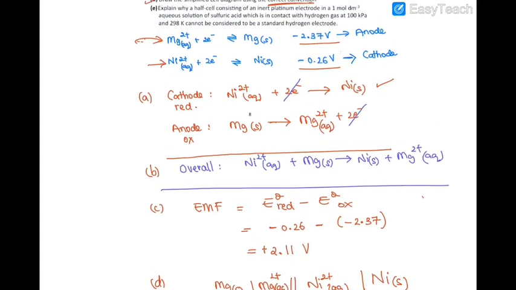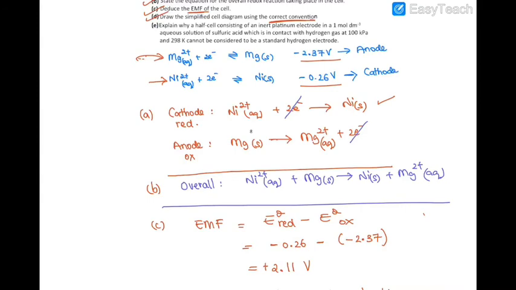Now explain why a half cell consisting of an inert platinum electrode in 1 mol per dm cubed of aqueous solution of sulfuric acid in contact with hydrogen gas at 100 kilopascal at 298 Kelvin cannot be considered as a standard hydrogen electrode.